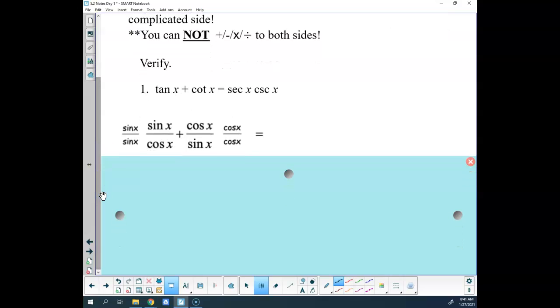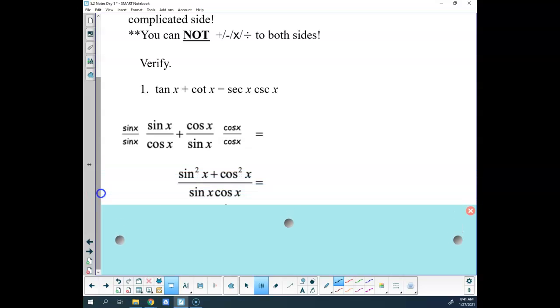Again, just like on the formative and the things that we were doing when we were simplifying, we have to show all of our logic all the way through. So then that becomes sine squared plus cosine squared, and all of that is over sine cosine. Sine squared plus cosine squared is 1.